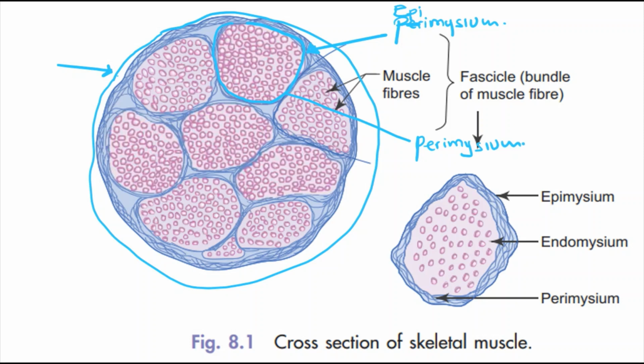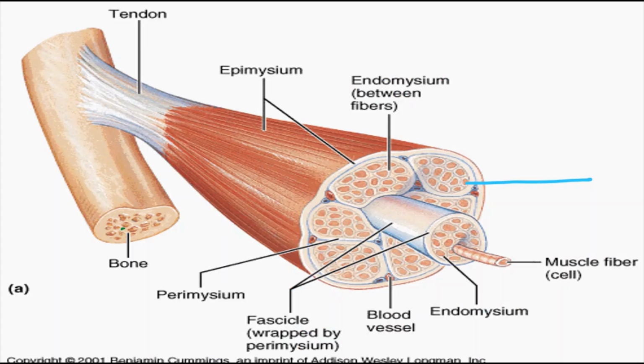And then an individual muscle cell, like that, is surrounded by an endomysium. So you have to know how connective tissue surrounds the muscle tissue, the fascicles in the muscle tissue, and the cells in the fascicles. This is a better diagram.